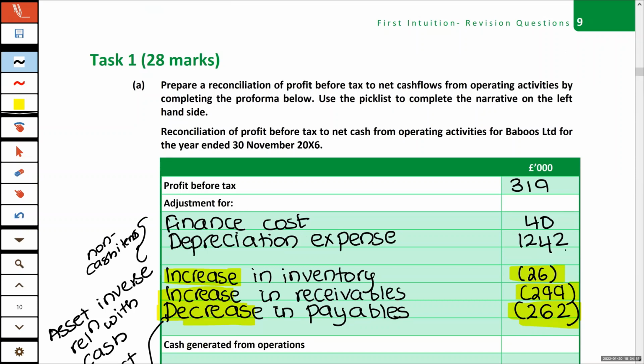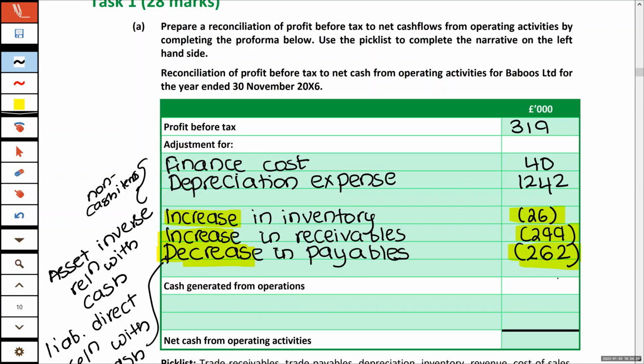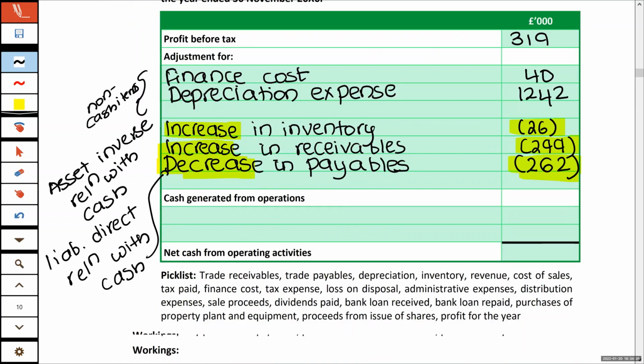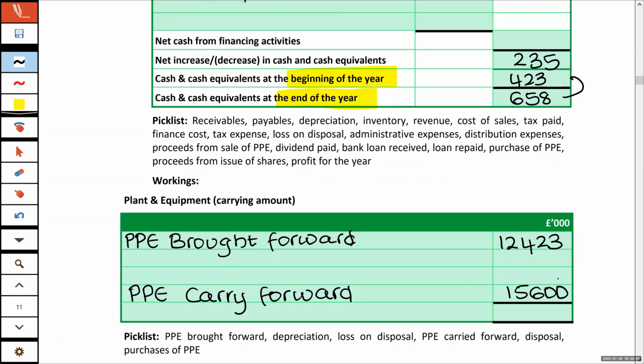Someone did mention previously that depreciation also affects my PPE. So I do remember creating a PPE working note. So I'm going to go ahead and put it there as well. What does depreciation do to my PPE? It reduces the net book value. So I'll put that as a minus 1242.